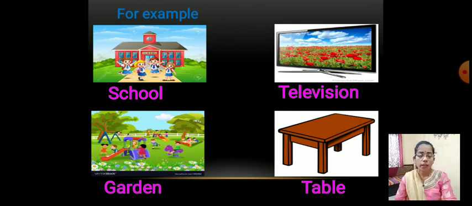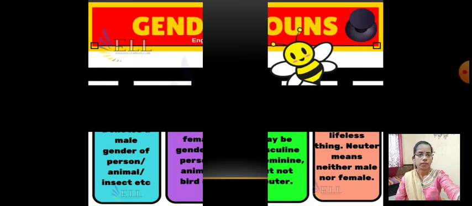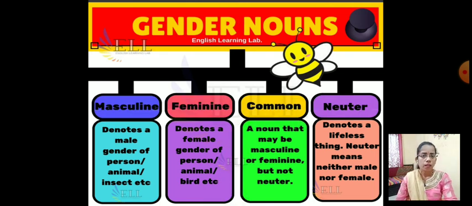So today we learned about four kinds of gender. First one, masculine gender. Second one, feminine gender. Third one, common gender. And last one, neuter gender. See one more time. Masculine gender denotes a male gender of person, animal or insect.